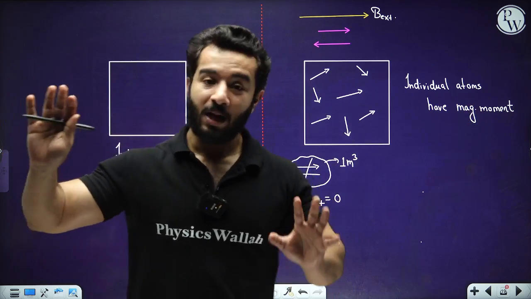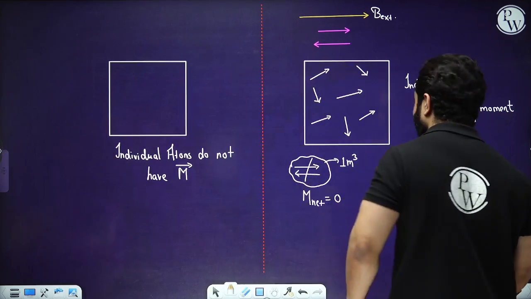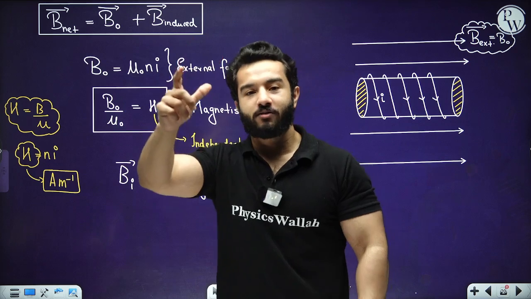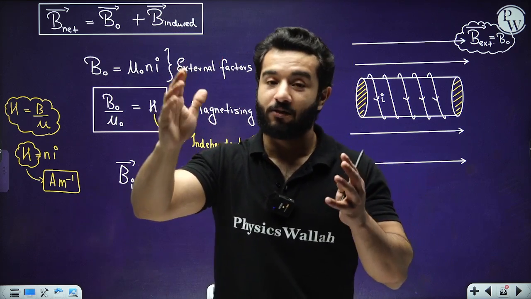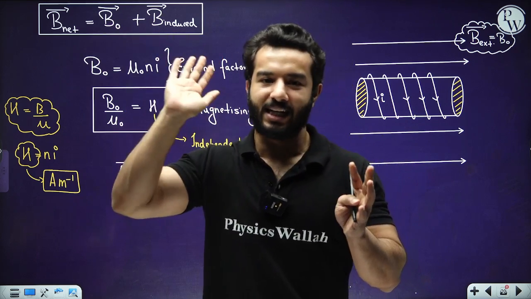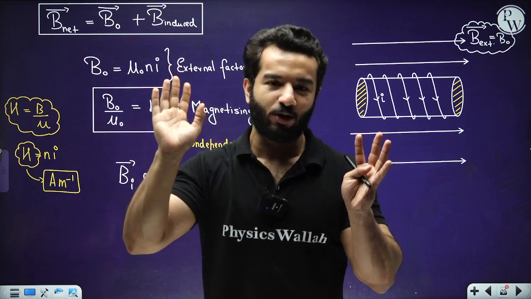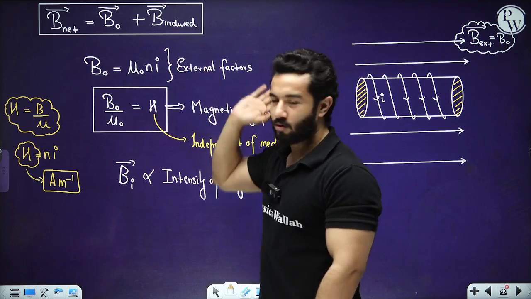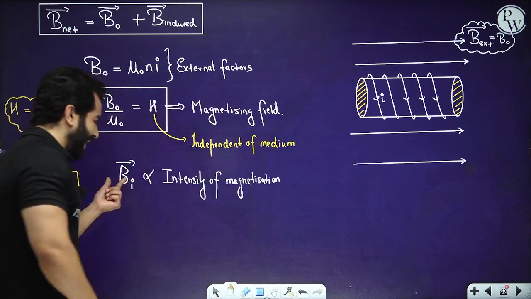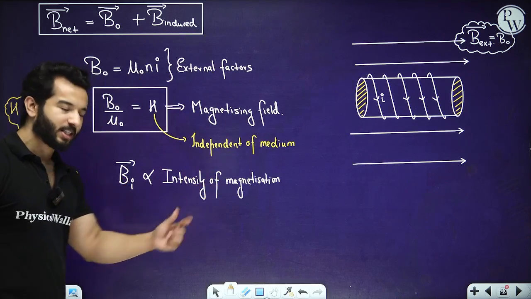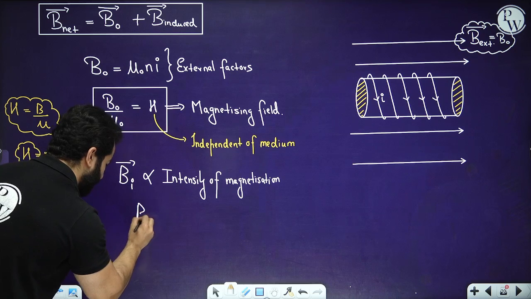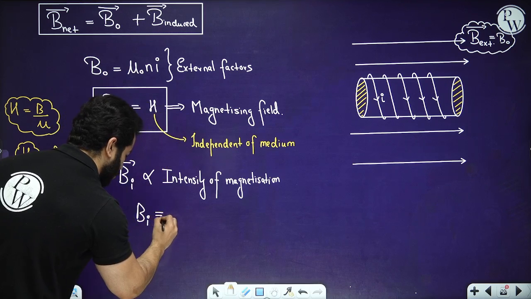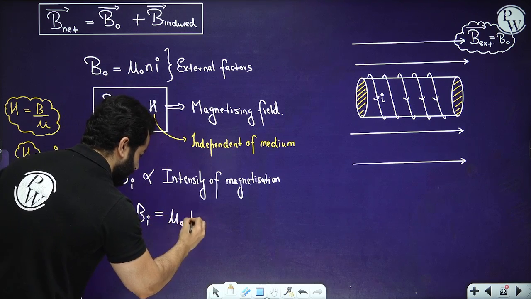I don't know that. But I can surely say that this internal factor will be more if more magnetic dipole moments are getting aligned. In whichever direction they align, I don't have a problem with that. But if they are more, this factor will be more, right? So induced magnetic field will be directly proportional to intensity of magnetization. That means Bi can be written as equals to mu naught times I.